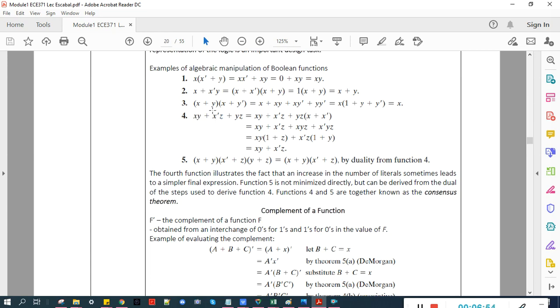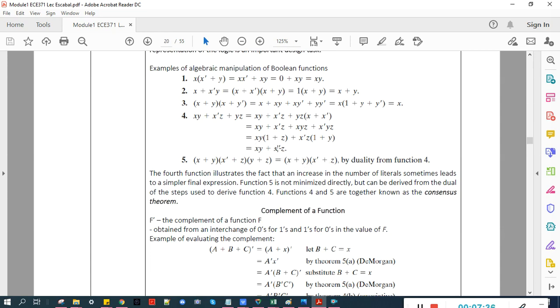Function number 4 is the dual of the function here. Instead of xy, it becomes x + y. Instead of OR, it becomes AND. The same elements, so we just interchange the operators from OR to AND and from AND to OR without complementing. We are just using the duality property by interchanging the operators. So we expect the result to be also in dual form.